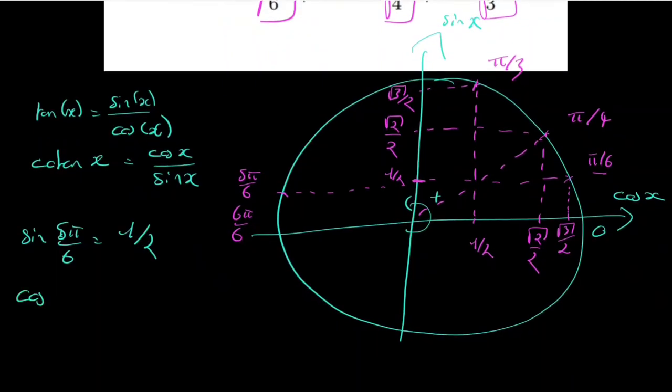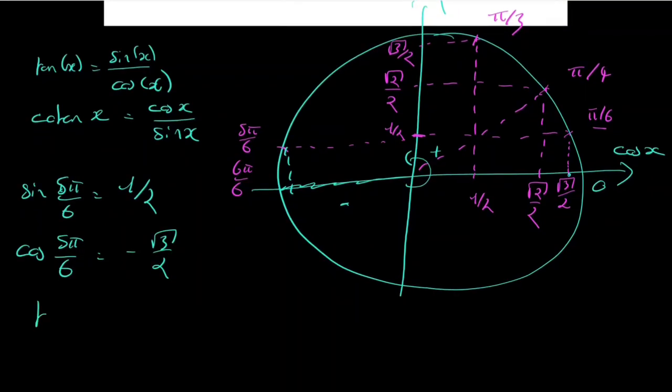The cosinus of 5 pi over 6 is equal this time to minus square root of 3 over 2, because we are in the negative side of the cosinus, equal to minus the value in pi over 6, which is square root of 3 over 2.